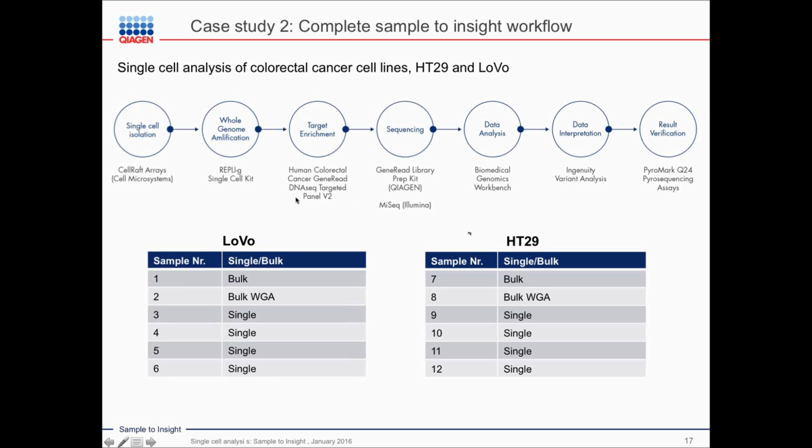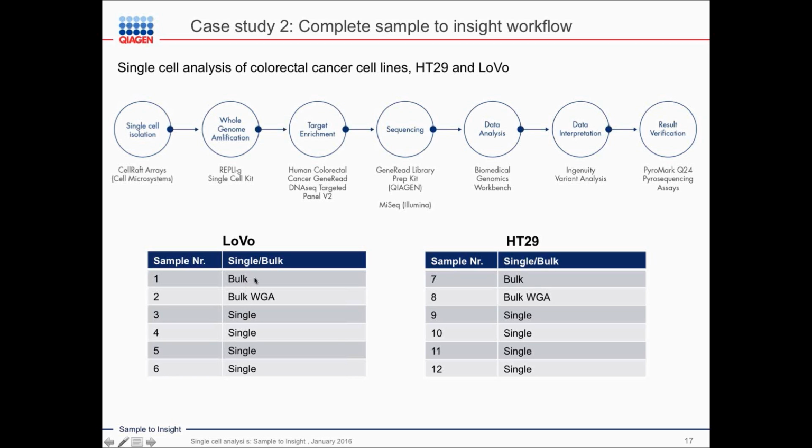And for each of the cell lines, the LoVo and the HT29, we're doing 6 different samples. The first 2 are bulk samples, one that is done as a standard bulk sample and the other done as a bulk sample using the whole genome amplification, to see if we're getting any bias other than the bias that we might introduce with single cell amplifications.